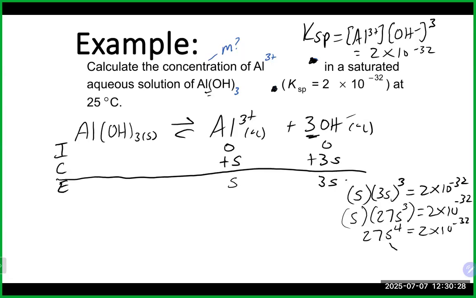We're going to divide here by 27, and then we're going to actually take the 4th root. If you do all that good stuff there, so we take 2 times 10 to the minus 32 divided by 27, and then take the 4th root of it, that's going to get us an S value here of 5.2 times 10 to the minus 9 molar.